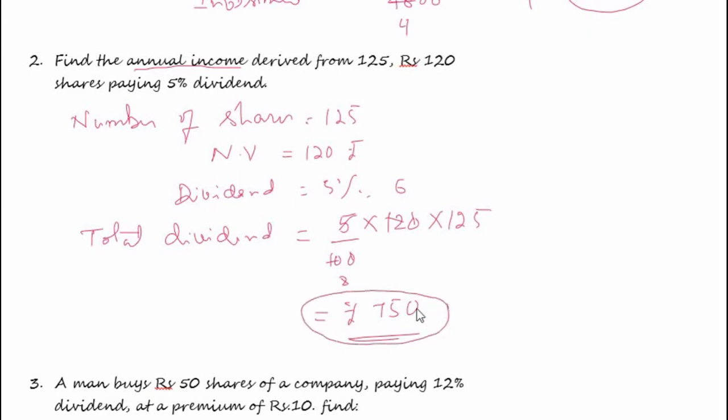That is, he buys 125 shares, and he gets a dividend of 5% at the end of the year. So he makes an income or profit or total dividend of rupees 750. Let us go to the third problem.